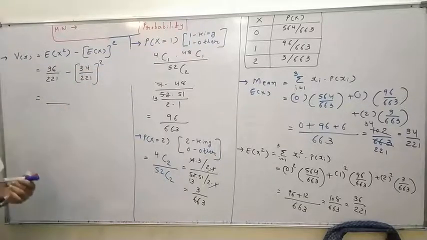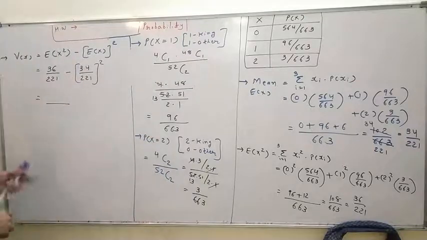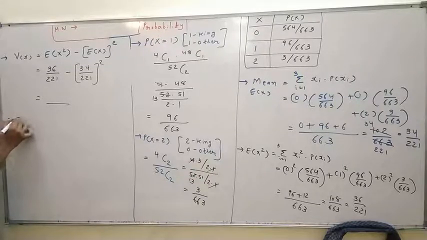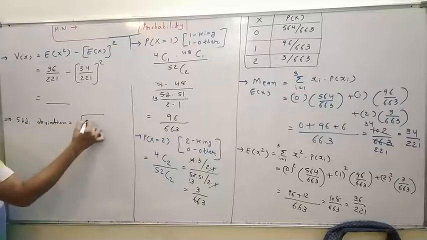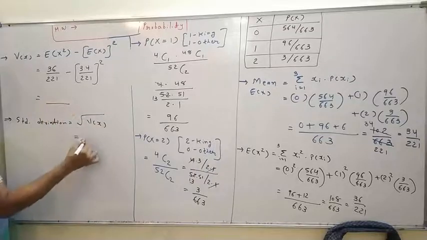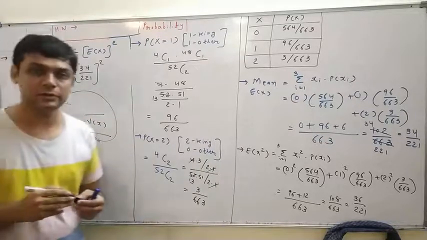You can do your calculation on the calculator. And last one, standard deviation. Standard deviation is the square root of variance. So whatever value comes, substitute it in the square root. That is your standard deviation.